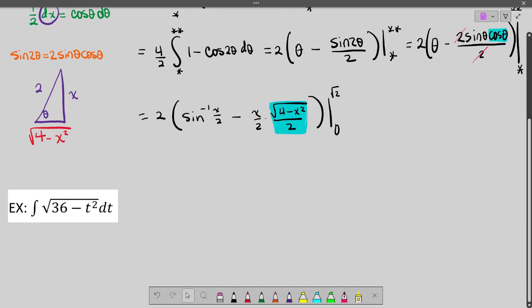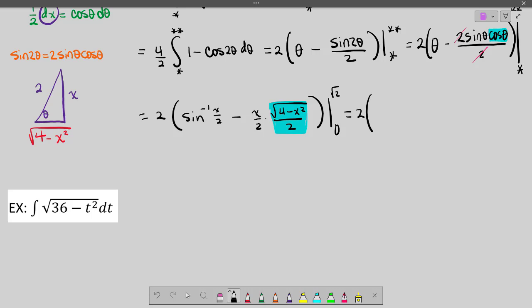And so, final answer. We've got to plug in our limits of integration here. So we have 2 multiplied by, first, we're going to plug in this root 2. So plugging in root 2 here, inverse sine of root 2 over 2. Inverse sine is the angle on the right with a sine value of root 2 over 2.